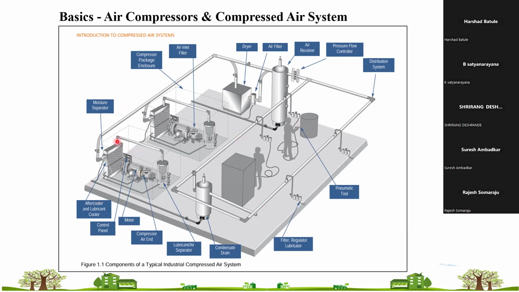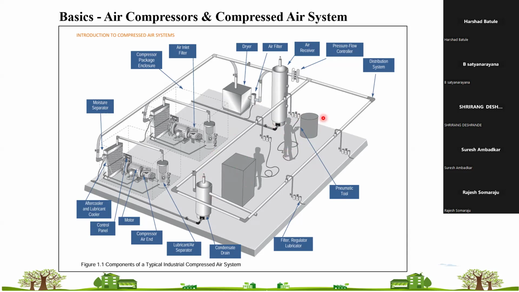Suppose this is your compressor, you have a receiver in the system, and you are flowing the compressed air to the distribution network. You need to stop your actual applications. Let's say there are two CNC machines that operators are operating. You need to stop the CNC machine operation and put all operations in idle condition.